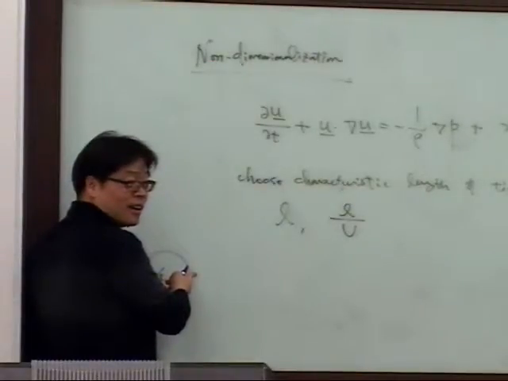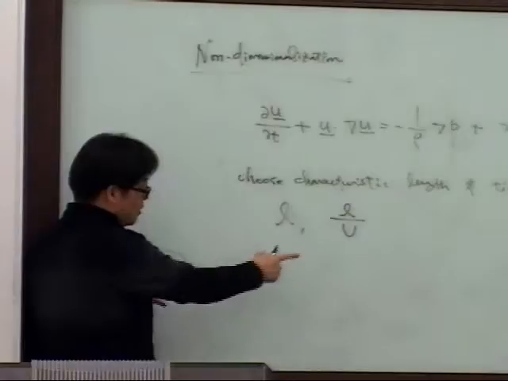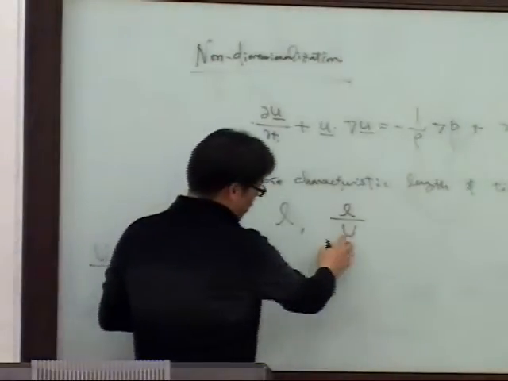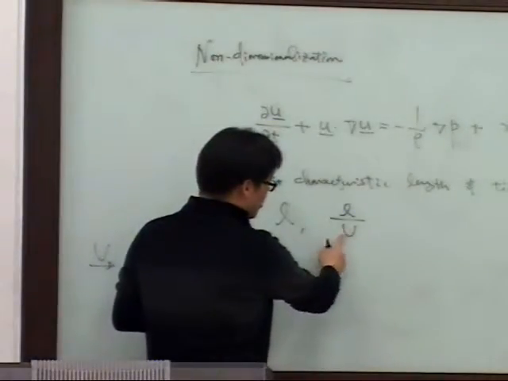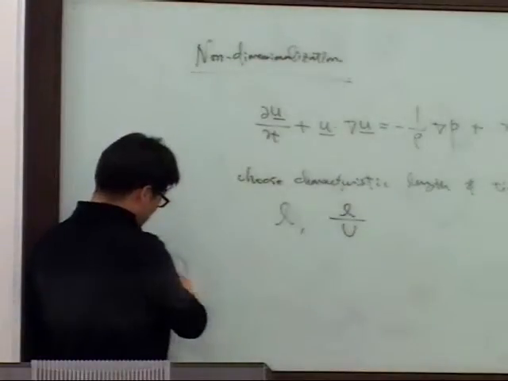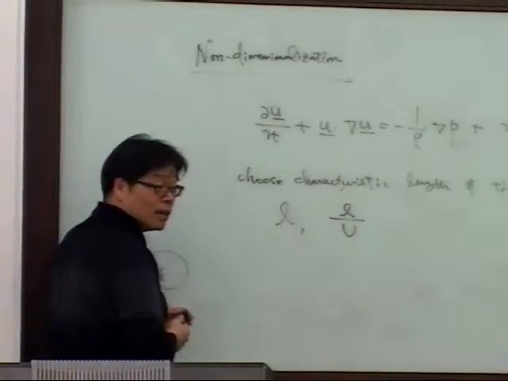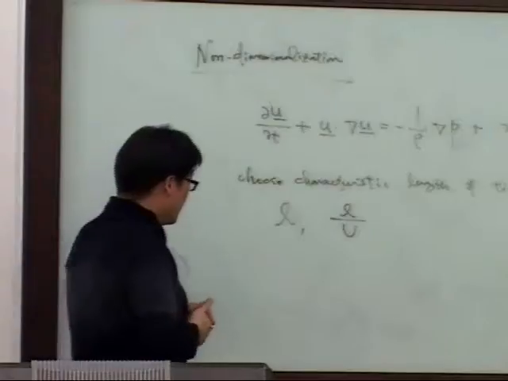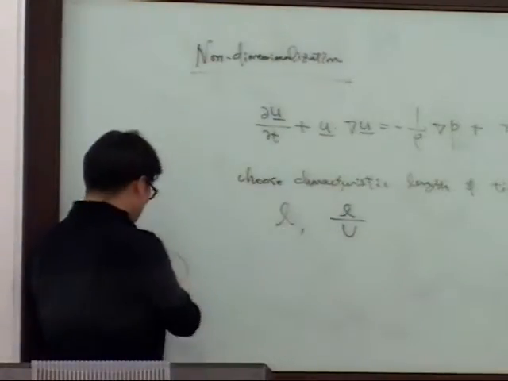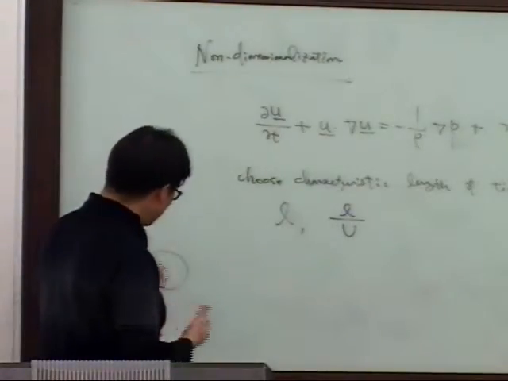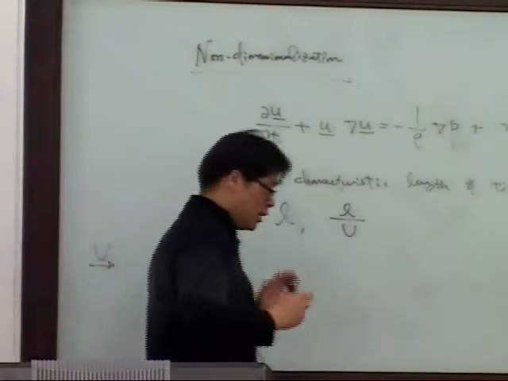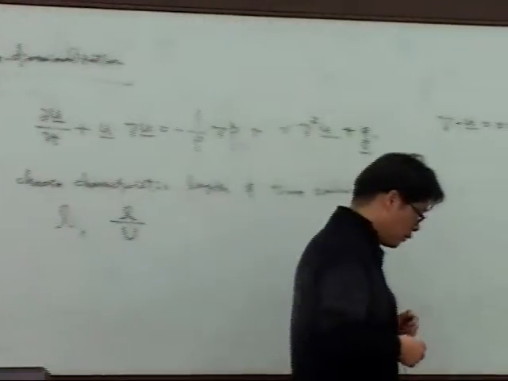If you multiply that time by U, it would actually be 2L, the diameter. So this is actually half the time, but it measures the time scale of the problem.